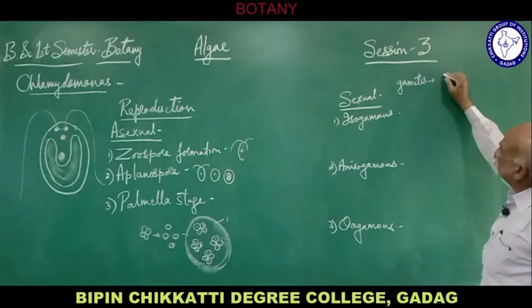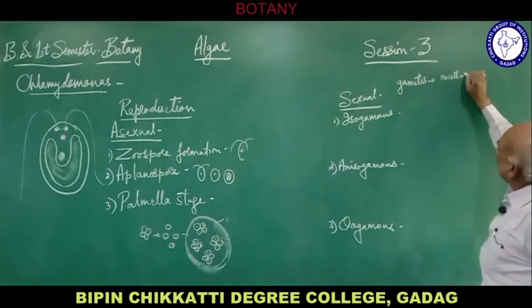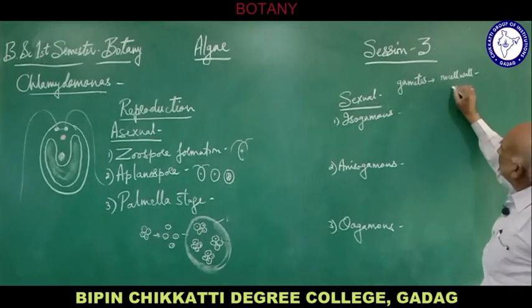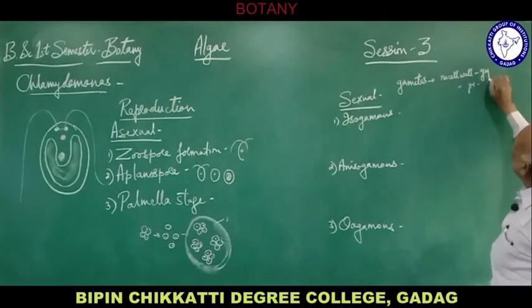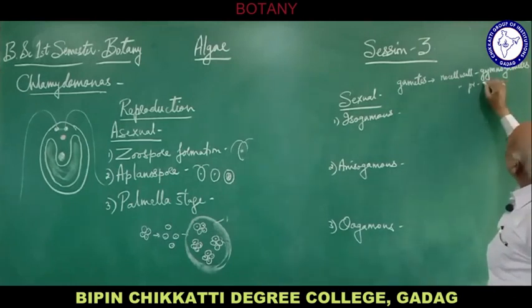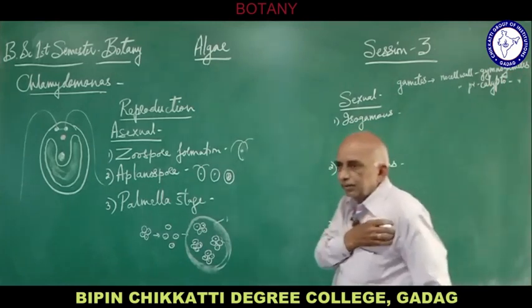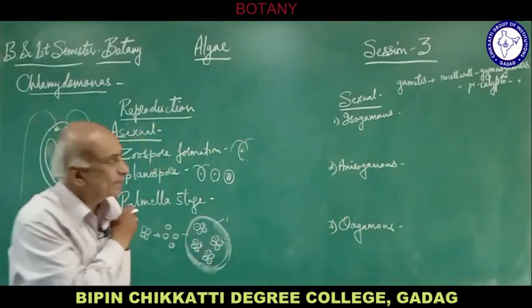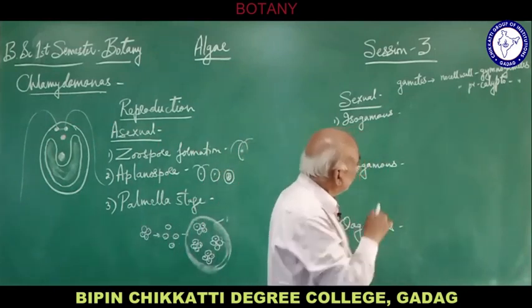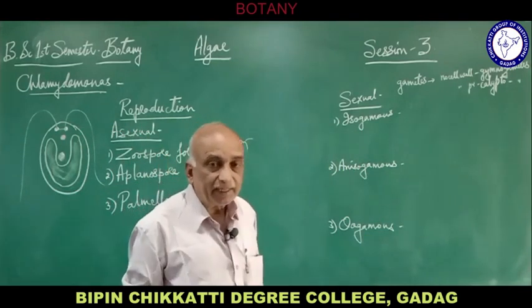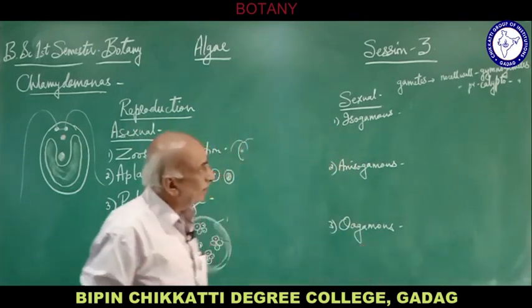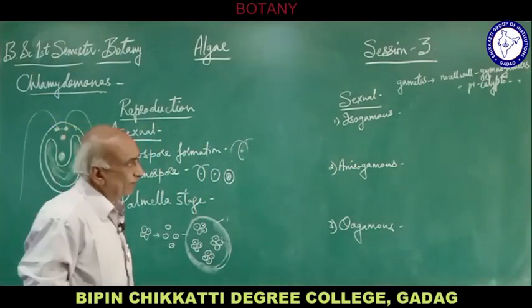When there is no cell wall, they are called gymnogametes, and when there is a cell wall, they are called calyptogametes. Usually calyptogametes are seen in Chlamydomonas.